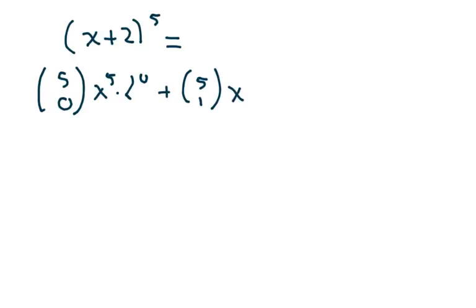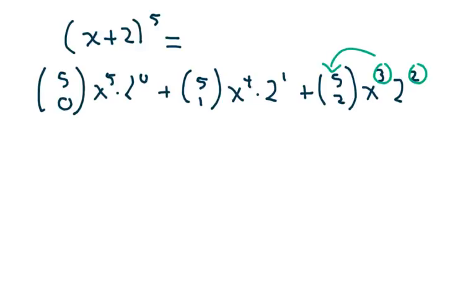So this is x to the fourth times 2 to the first plus 5, 2, x, go down, 3, 2 squared. So these two numbers should always add up to this number here.